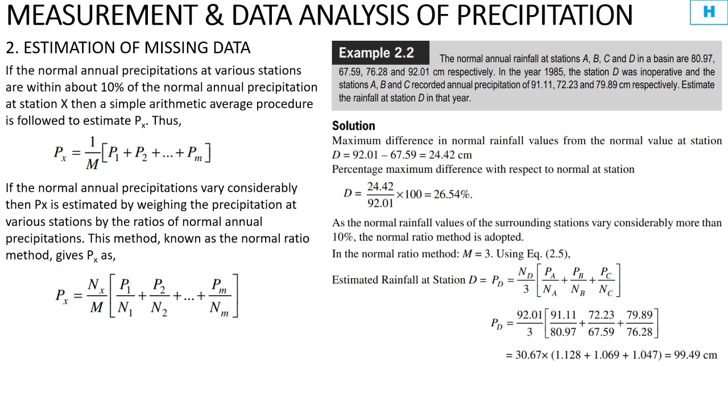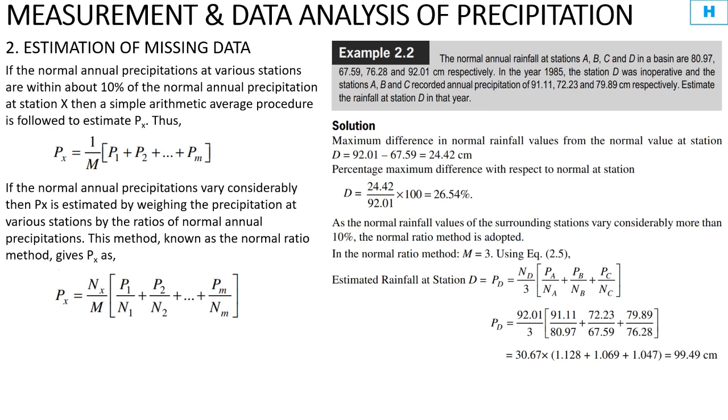So using this formula, substitute lang natin yung mga given. Precipitation ni A for that year, 91.11 over yung normal data niya, 80.97, and then for station B, 72.23 divided by yung normal depth niya, 67.59. Ay, ito pala, sa B pala yun, 67.59.